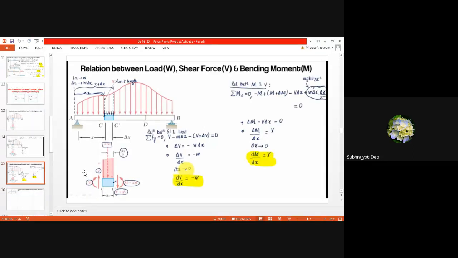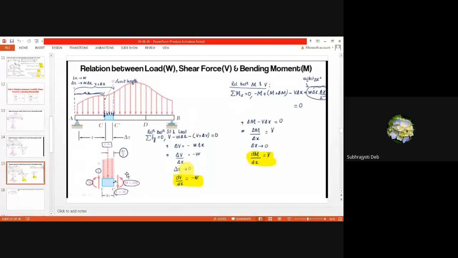Now we are calculating for the moment. See the relation between M and V. Again, summation of moment will be equal to 0 to remain in equilibrium. This is clockwise moment, that is why it is minus M, plus M plus delta M, that is this one.